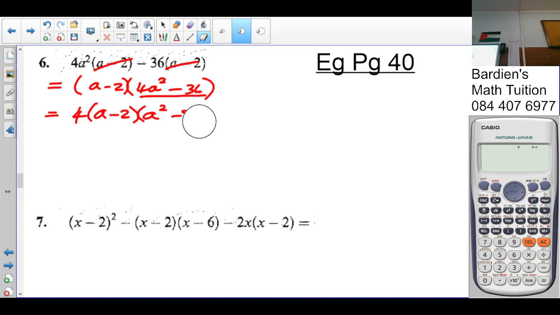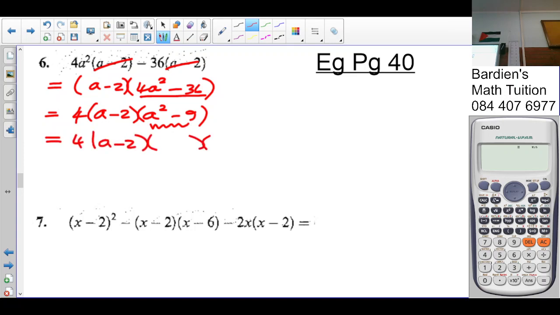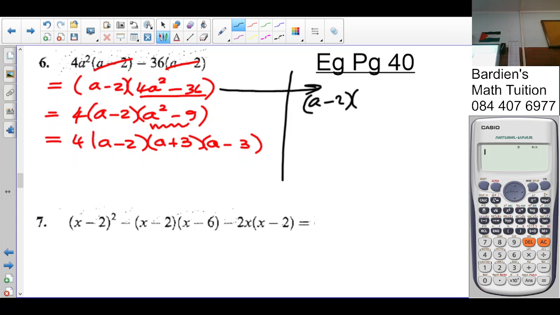So what do you notice here in the second bracket? Difference between two squares. So it's going to be a plus 3, a minus 3. Difference of two squares first, okay? So you're asking what if we had gone and said you got a minus 2, then you're left with 2a minus 6, 2a plus 6.